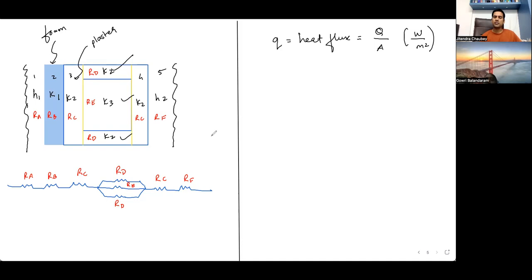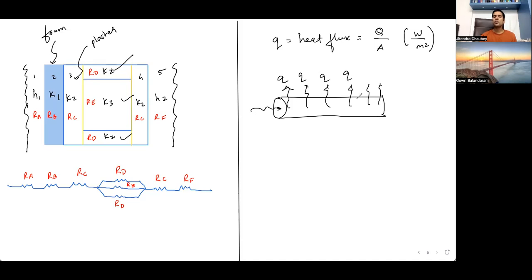So constant heat flux is basically this: if there is a length of pipe in which fluid is flowing, the amount of heat leaving at every position would be the same. So q at this point, this point, this point would be the same.